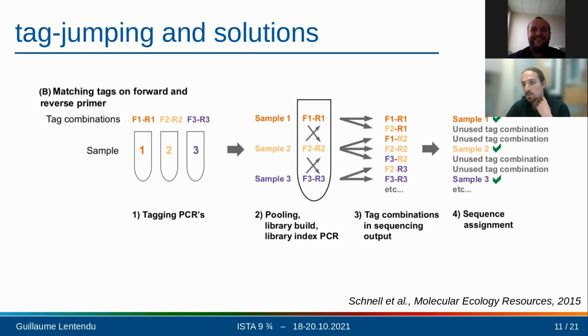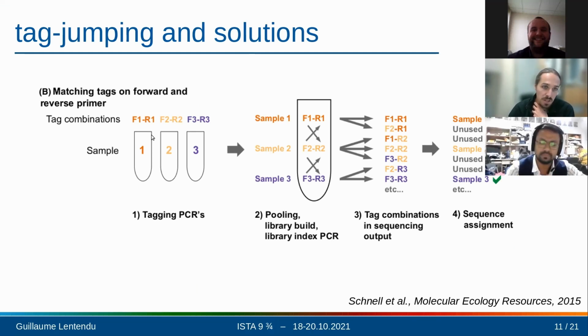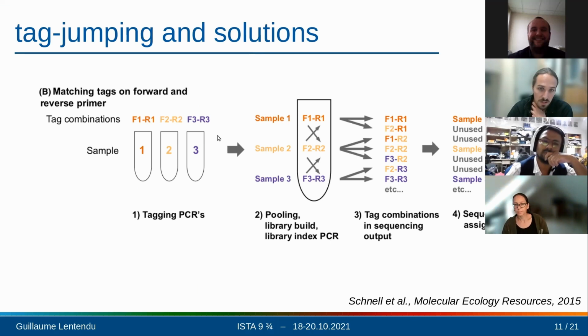It depends on how you prepare your library, but if you use a single tag combination, like for one sample you use only F1 R1, second F2 R2, and third F3 R3, when you pool all your PCR products after the purification and you build a library with them, you will have tag jump, because you have some denaturation steps and a rebinding of the double-strand DNA into some kind of chimeric sequences, and they will actually exchange their tag.